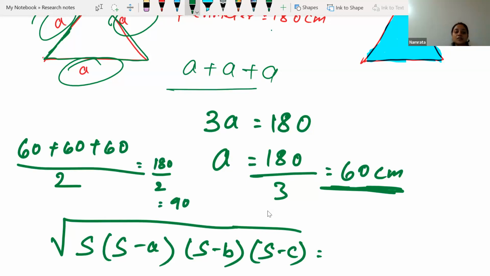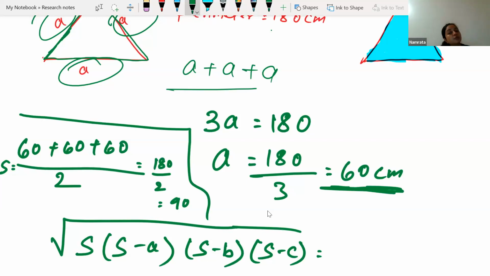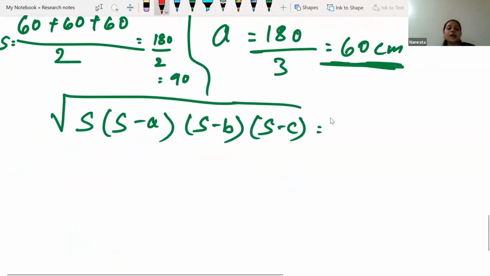So we got S. First, with the help of the perimeter formula, we found the side. And once we have the side in hand, we can do everything. We can find S and put everything in the formula. So now we have S as 90.